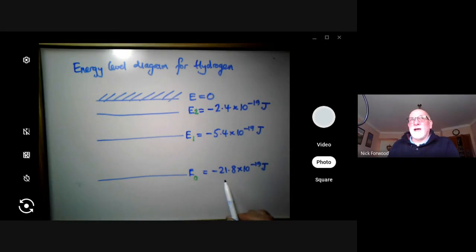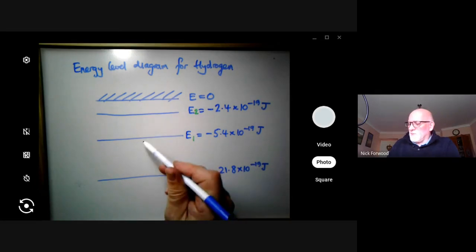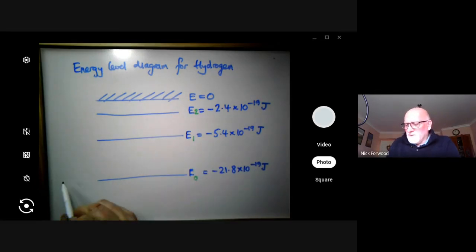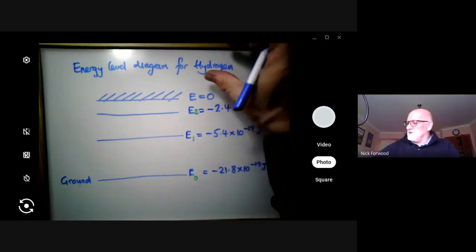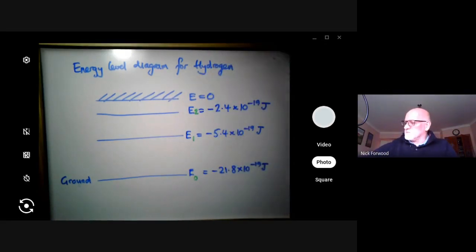That's where it would happily be all day long. It's waiting to get some energy to go up, or it's giving out some energy to go down to the bottom.